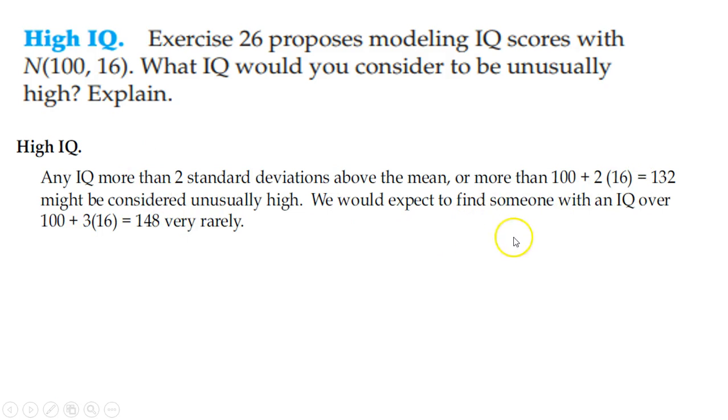So anything above or below. But again, we would expect to find someone with an IQ of over 3 standard deviations, very rare. So also the other way around, that would also be very rare. If we went below, that would be like in the 40s, I guess 42. Anything 42 and under would also be very, very unusual.